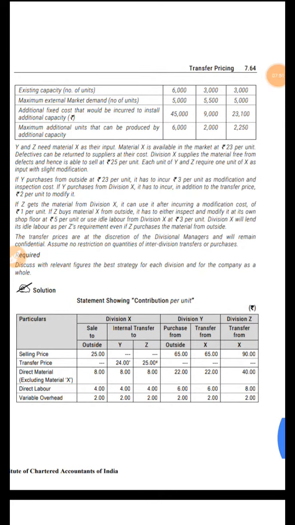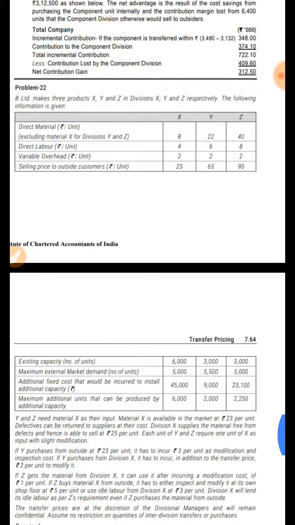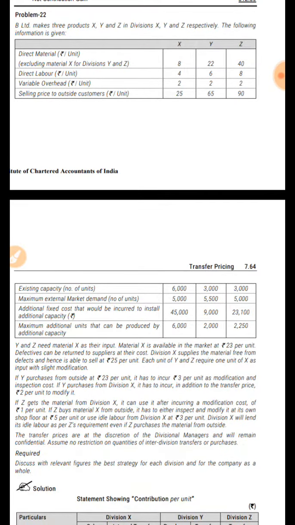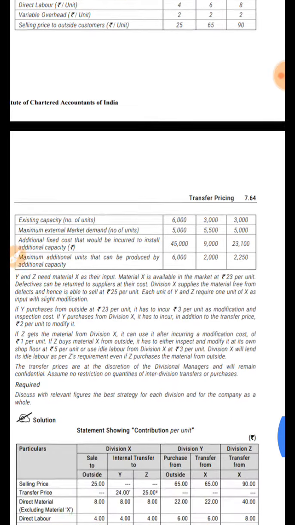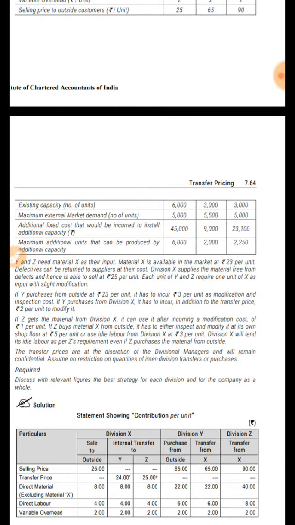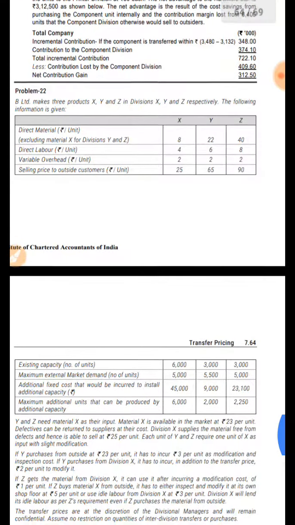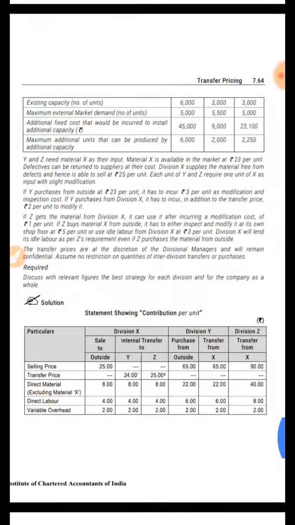The selling price is 25, and for division Y, if it is purchasing from outside, 65 rupees, the selling price is 65 rupees only, and for division Z it is 90 rupees selling price for outside customers.